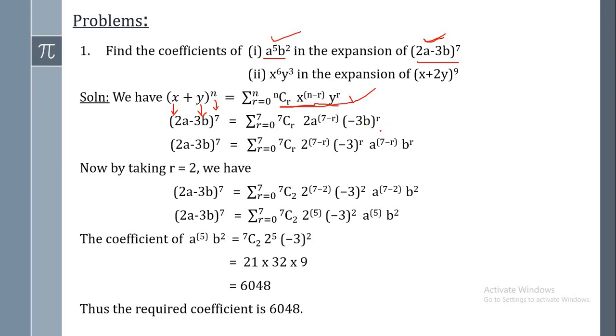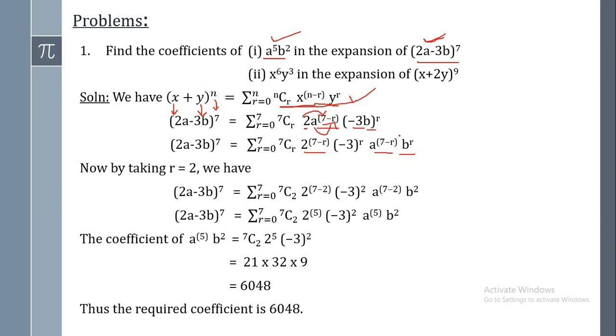In the next step we write the constant terms on one side and the variable terms on the other. The power 7 minus r belongs to both 2 and a, so we write 2 power 7 minus r and a power 7 minus r separately. The next term is minus 3b whole power r, so minus 3 power r and b power r.